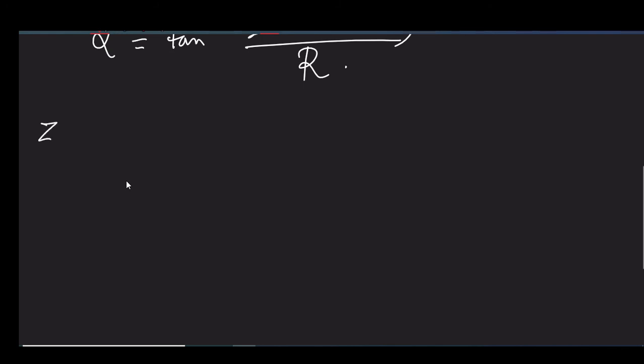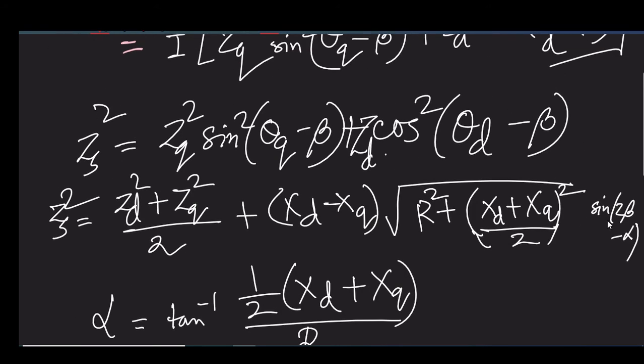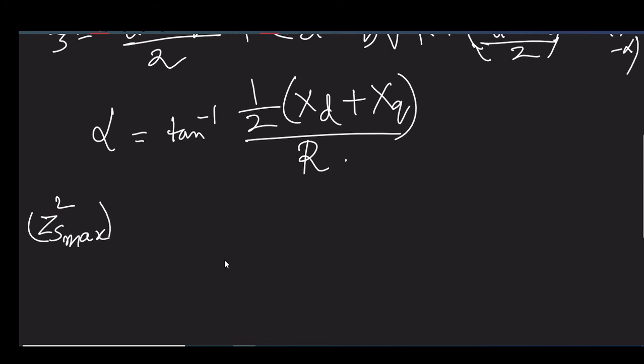The maximum z square you will get is like... Obviously this variation will happen just because of the last term. This is the only variable, otherwise the rest of the things are remaining constant. So z square max will be how much?